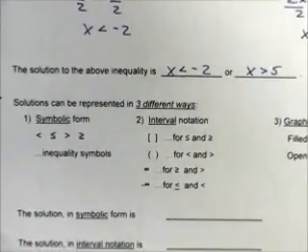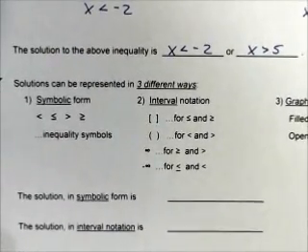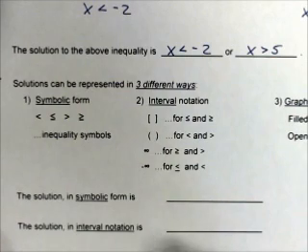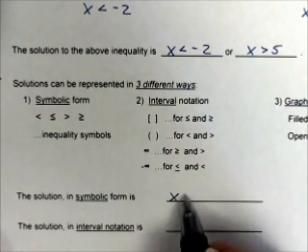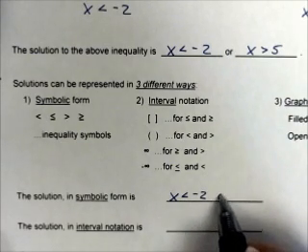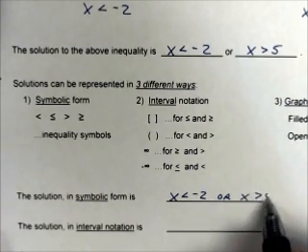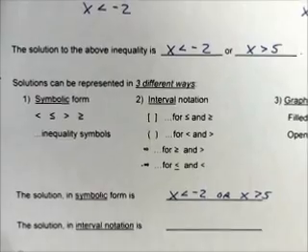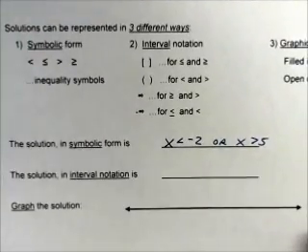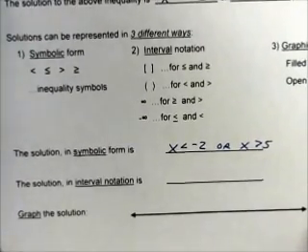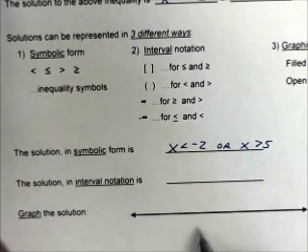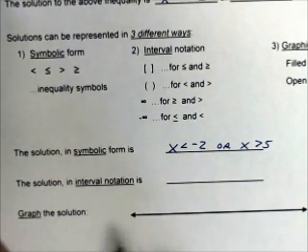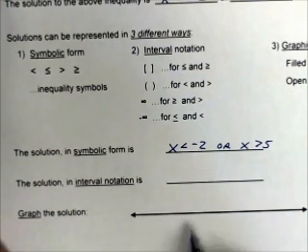So the solution in symbolic form from the above absolute value inequality we have written already. That's x is less than negative 2 or x is greater than 5. Using interval notation, I'm going to do that last, and I'm going to graph the solution first before I write the interval notation.